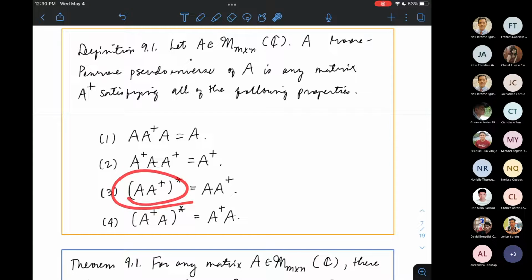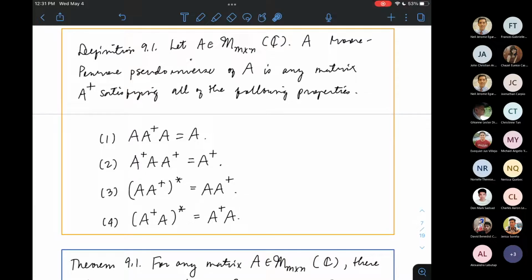Ang conjugate transpose ng A plus ay dapat yung sarili niya, at ang conjugate transpose ng A plus A ay dapat yung sarili niya. So, ito dapat yung apat na properties na masatisfy ng pseudo-inverse.